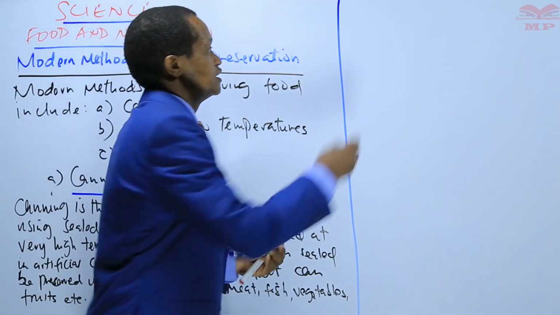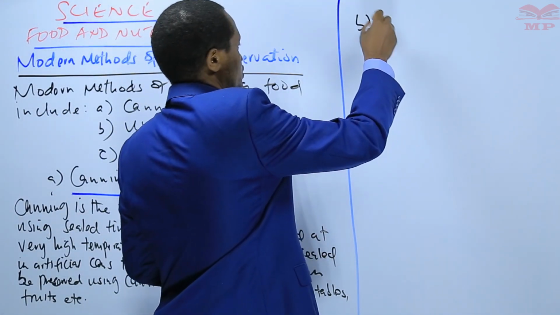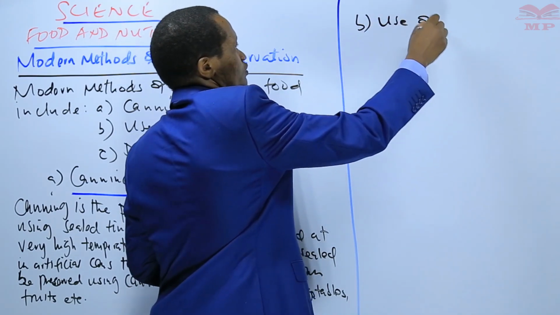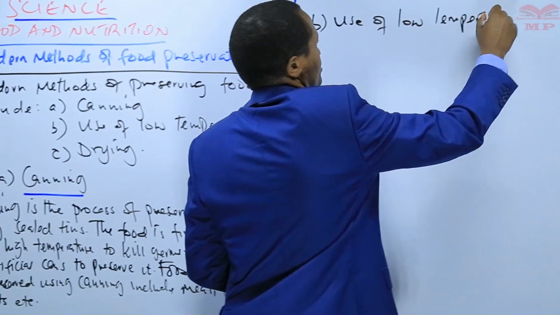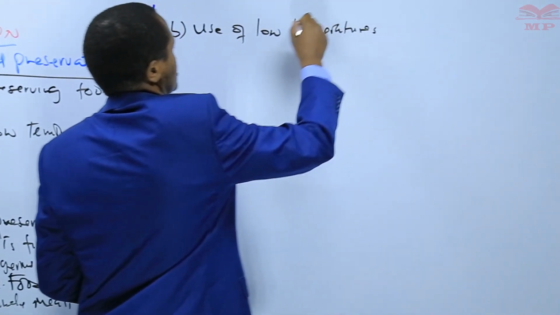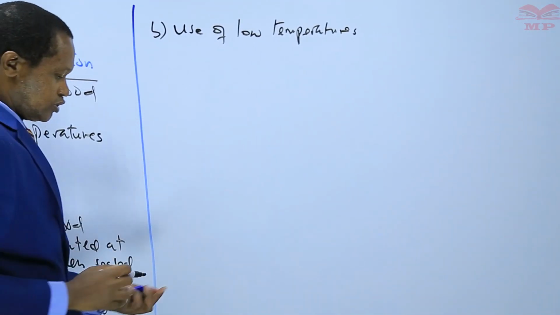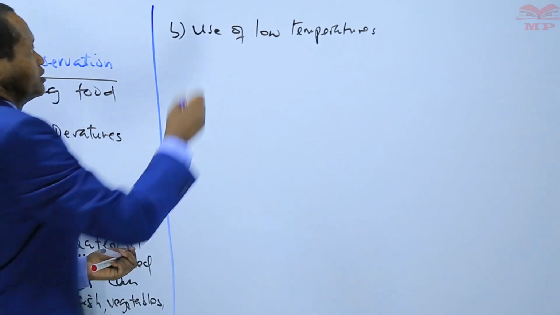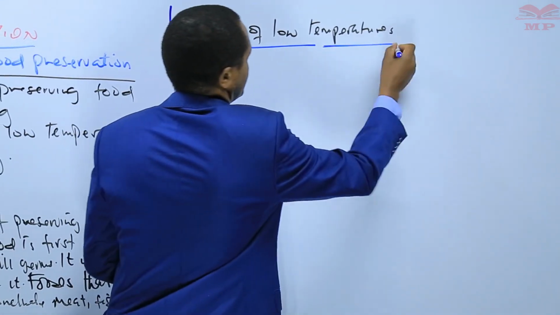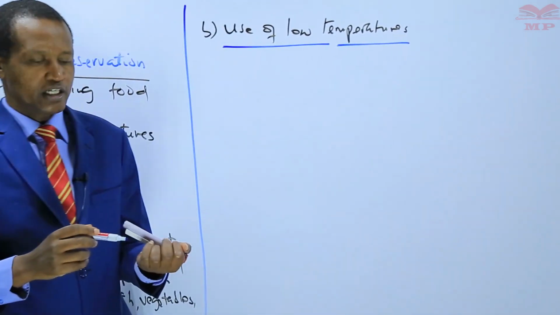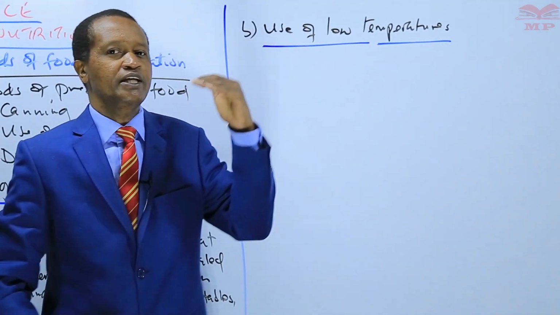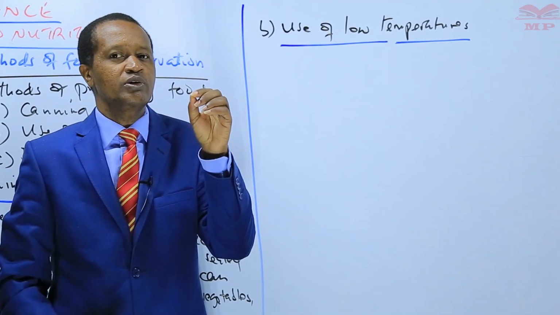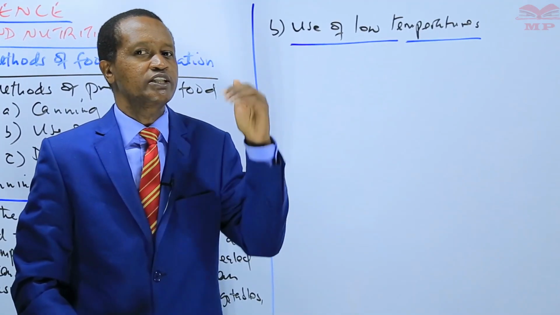B, use of low temperatures. Now, learners, food can be preserved by keeping it in place with very low temperatures.